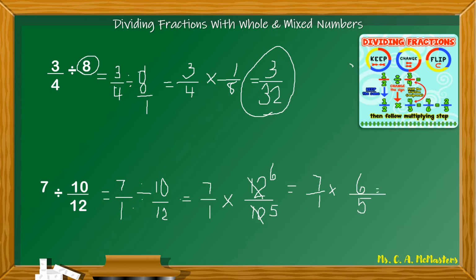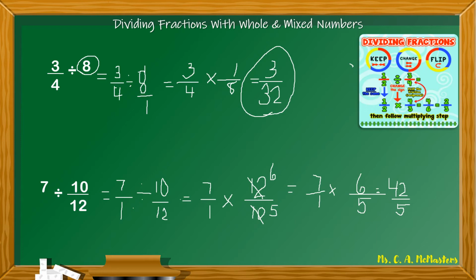And this will be equal to 7 times 6, which is 42, over 1 times 5, which is 5.